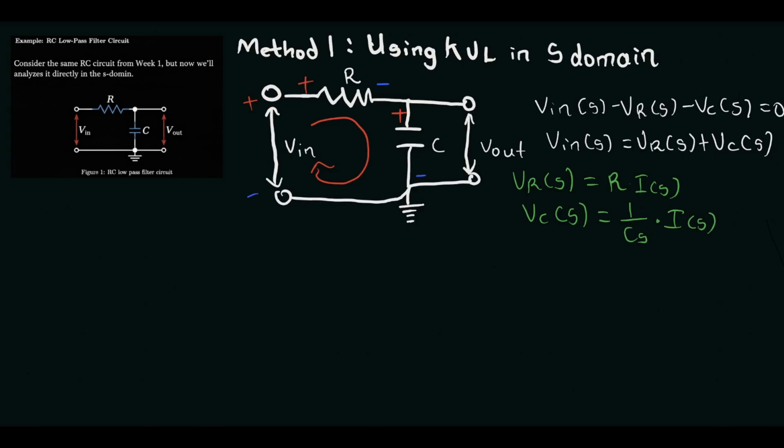So substituting this inside your formula, you have V in equals R dot I plus 1 over C of S.